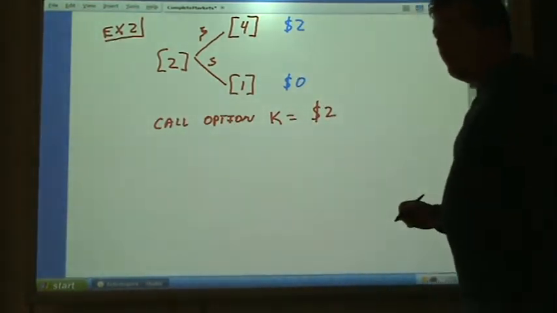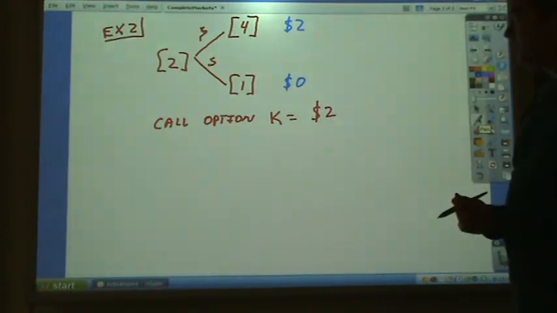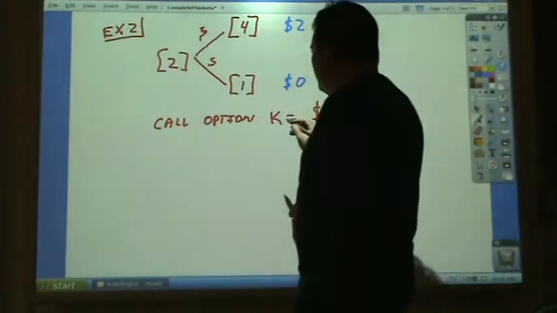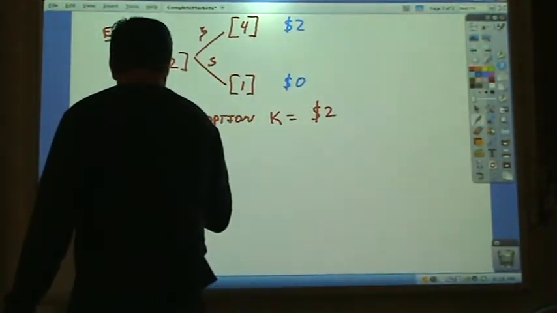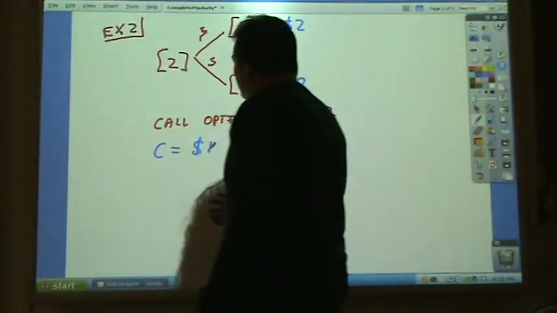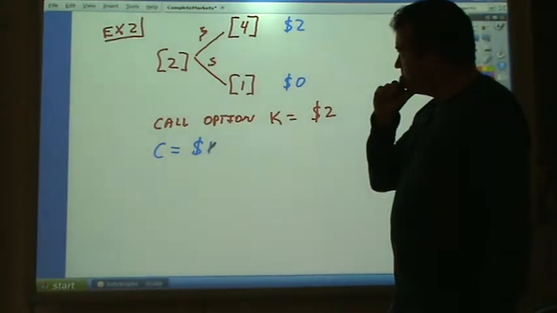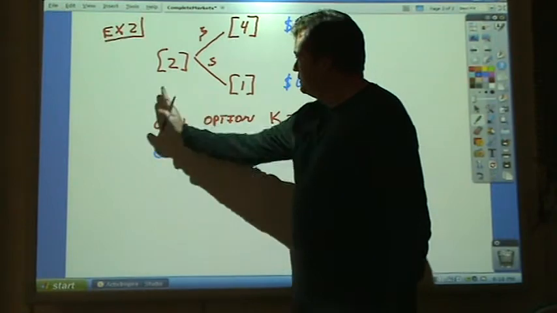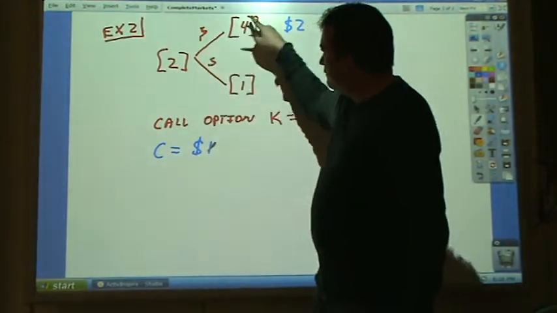That's just because it's an option though. If it was just the stock, you'd think a fair present value for that stock should have been $2.50 or so, right? So that's actually, yeah, this does look a little strange. That's a good point. So the price of the call would equal $1 right now. But it looks a little strange that if there's no interest between these two periods, you pay $2 today and you could either get $4 or $1.